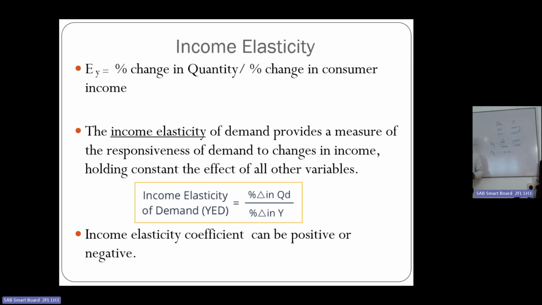The income elasticity coefficient, the value that you obtain, is minus 0.4. When the income increases from 1,000 to 1,500, demand for the product that we consider decreases, from 500 to 400.